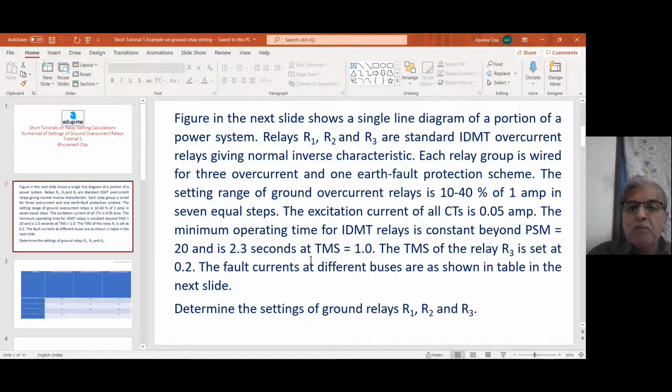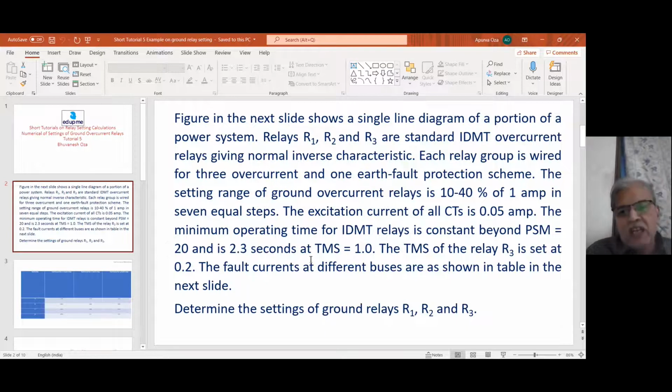That means if the PSM is more than 20, the time of operation will be 2.3 seconds only. It will not reduce. It will not follow the inverse law. Right? At TMS equal to 1, no doubt. If TMS is 0.1, then the time of operation is 2.3 into 0.1, that is 0.23 seconds. Very obvious. The TMS of relay R3, we are assuming, is set at 0.2.